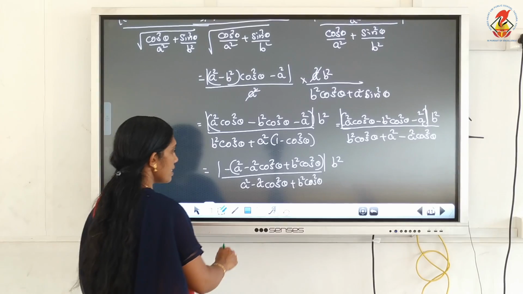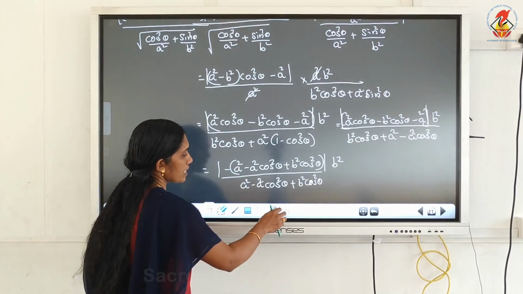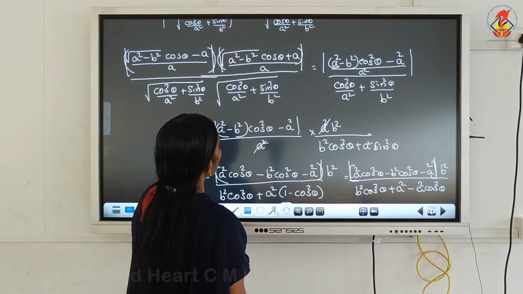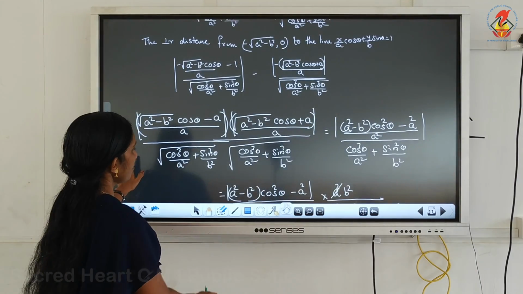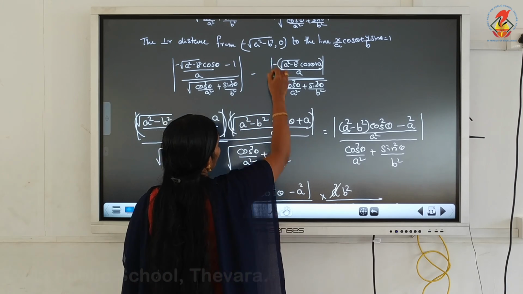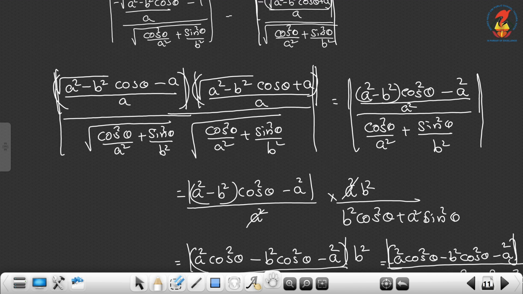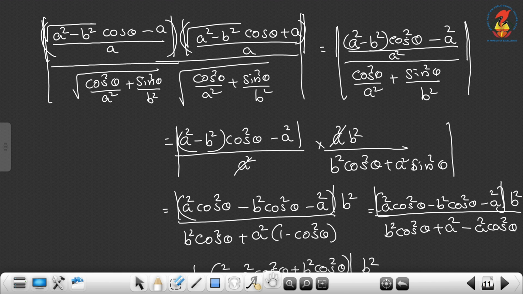Okay, it's in the modulus, the whole expression is in the modulus, so we can cancel. You can put the modulus symbol. Otherwise there is a minus sign also, so you put everything inside the modulus.